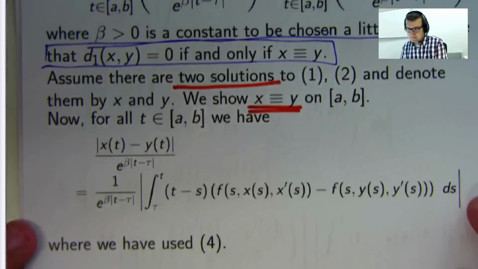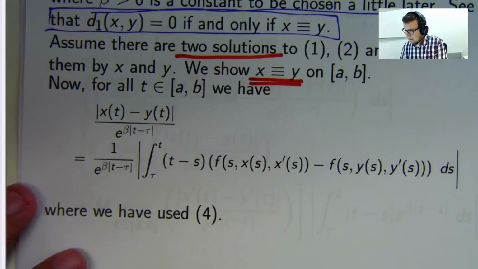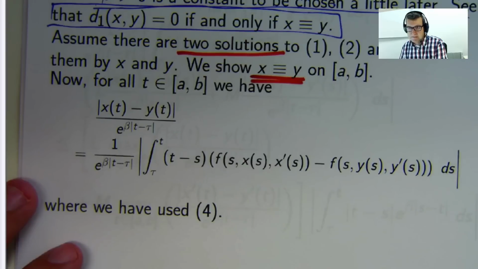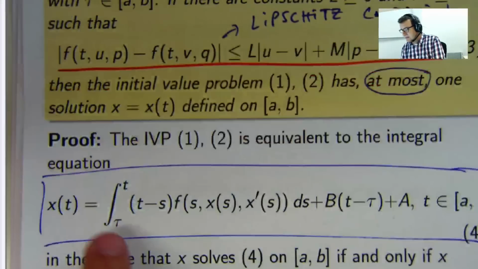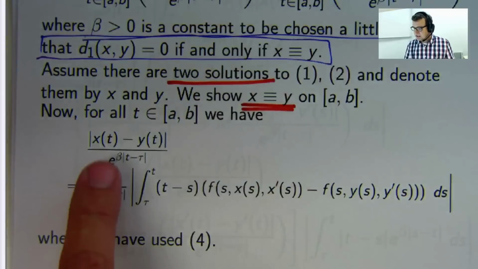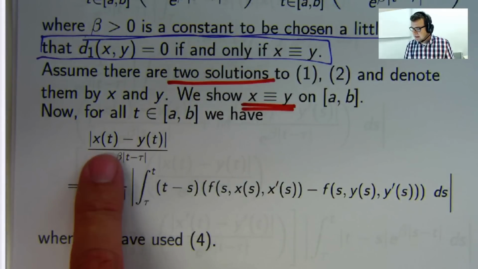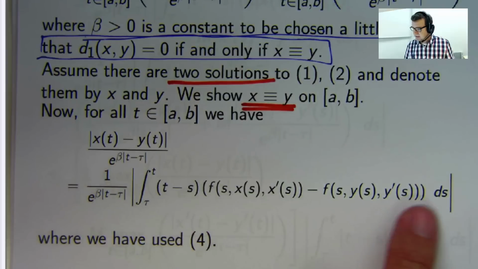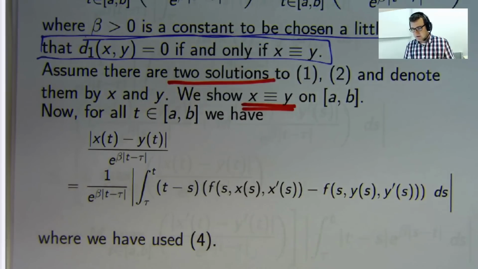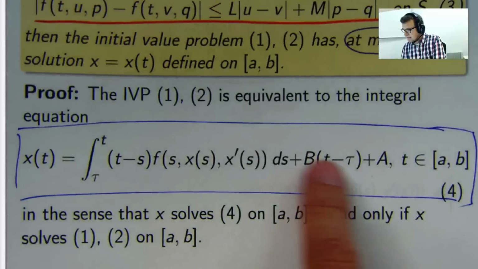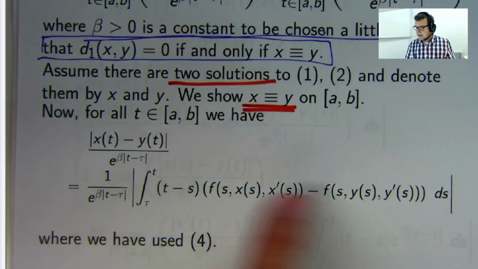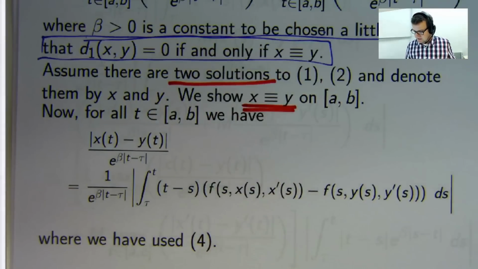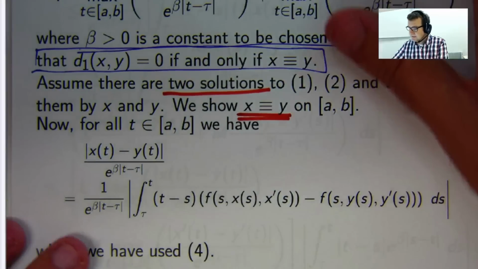All right. So let's start. Okay, so if x and y are solutions and they both satisfy 4, you can take one away from the other and divide by this exponential and you'll get something like this. So these bits cancel out, but you'll be left with this bit for x and this bit for y. So you just take the difference. All right, so now what?